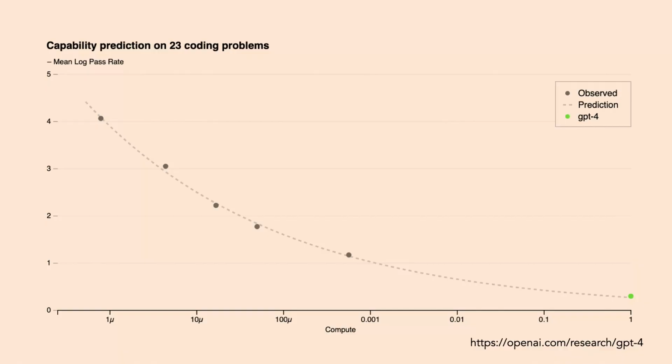Okay, and these types of scaling laws, they don't only appear for the loss. So this was the bits per word, which is closely related to the loss function of next character prediction. It's like the amount of uncertainty you have over the next word, essentially, measured in bits. But what if we try to predict performance in terms of something more meaningful, like how many problems you pass on some math test or some benchmark?